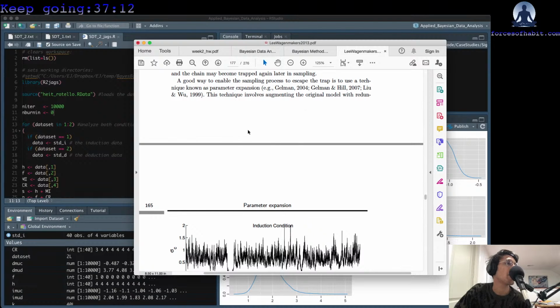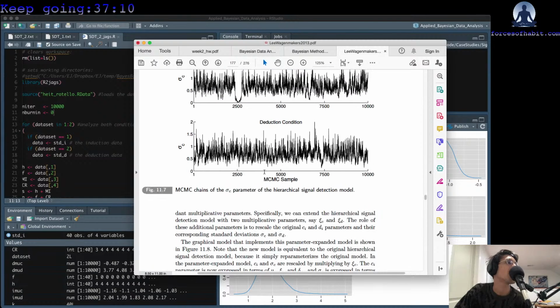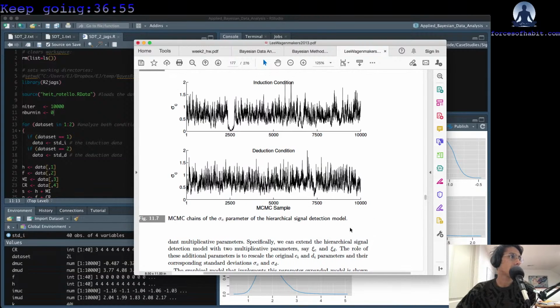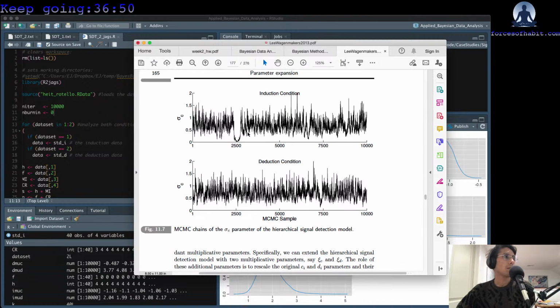we can augment the original model with redundant multiplicative parameters. Specifically, we can extend the hierarchical signal detection model with 2 multiplicative parameters. You see that? This mirrors what we saw when we were looking at the chain.